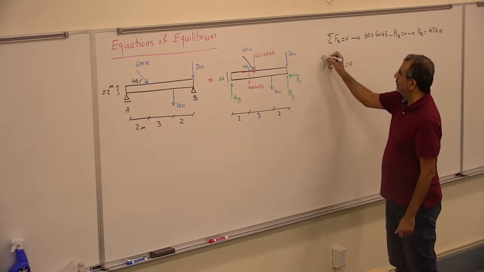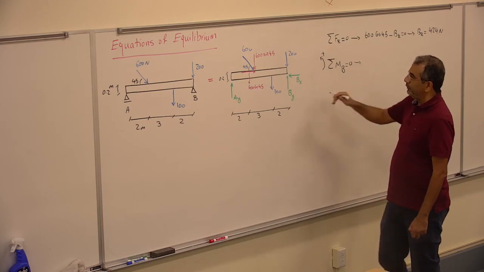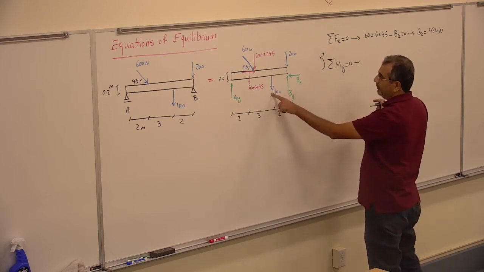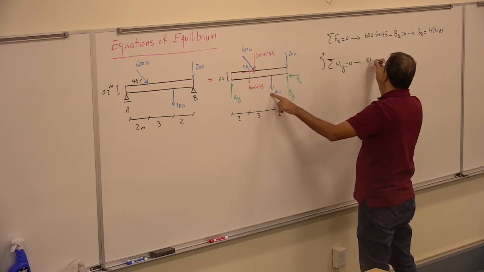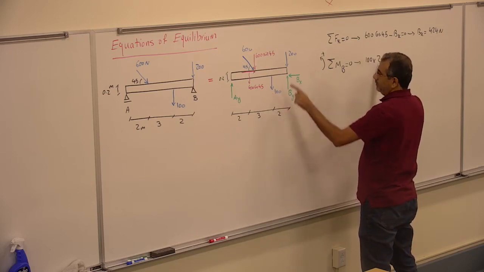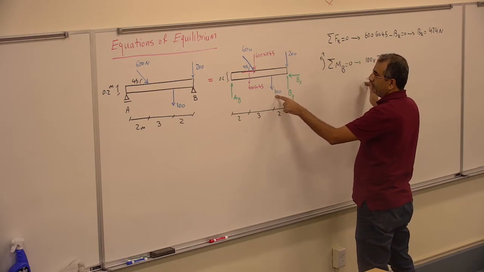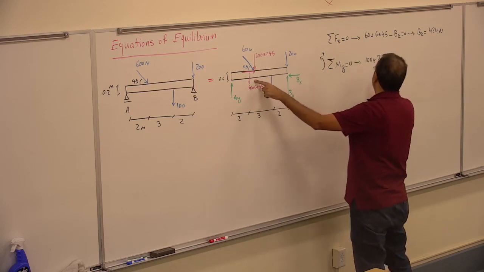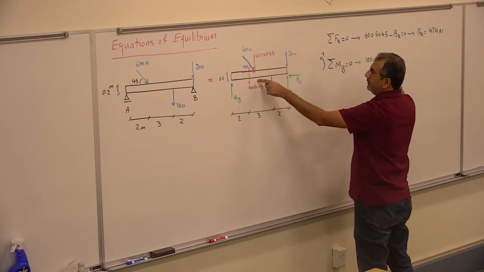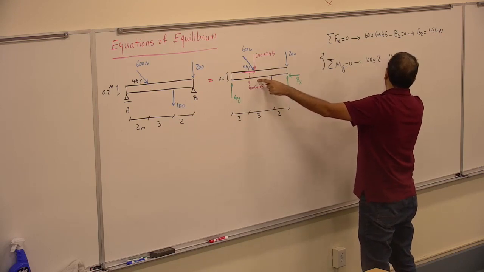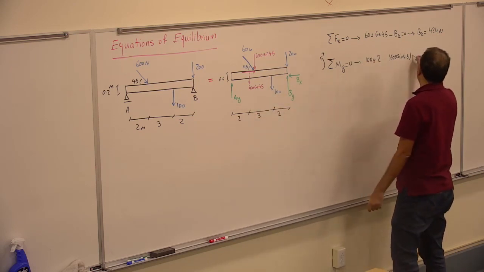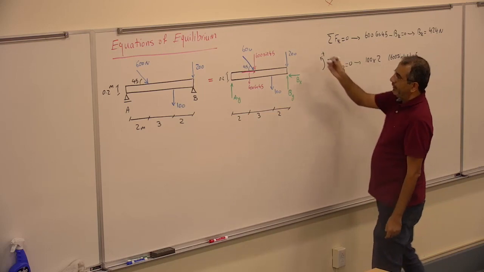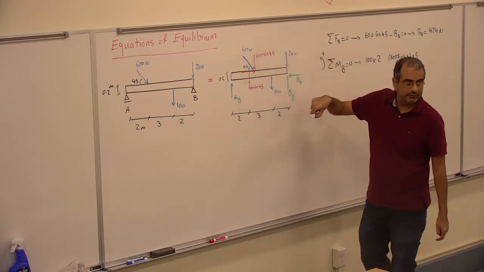Sigma M about B is 0, counterclockwise positive. So I start from the left. I have 100 times 2, counterclockwise, so it's positive. Here I have 600 sine 45, the distance is 5. Again, counterclockwise, so positive.